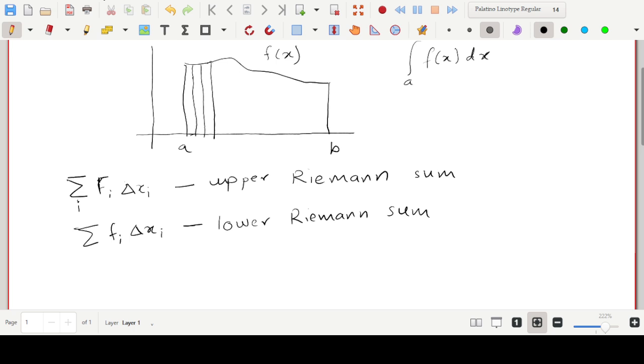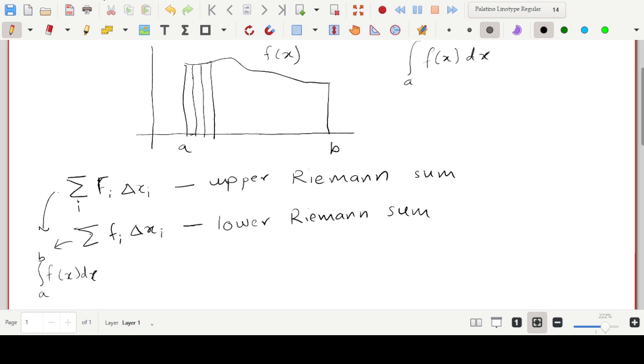Suppose this sum approaches a certain number, and suppose this sum also approaches a certain number, and if the limit of this sum as well as this sum happen to be the same, then we say that the function is integrable, and that common value of the limit of these two sums is called the integral of this function, and that we call as f(x) dx from a to b.